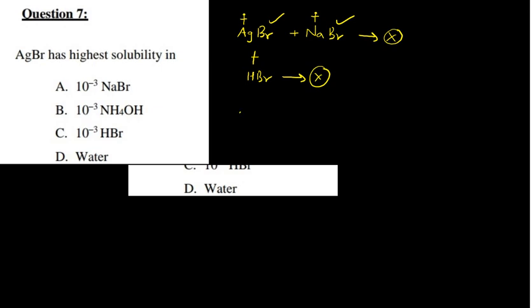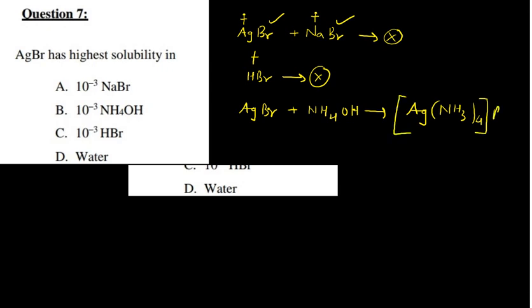But the only thing left is what? If you react AgBr with NH4OH, it simply forms a very stable complex, which is [Ag(NH3)4]Br. This complex would form, and it's a very stable complex.